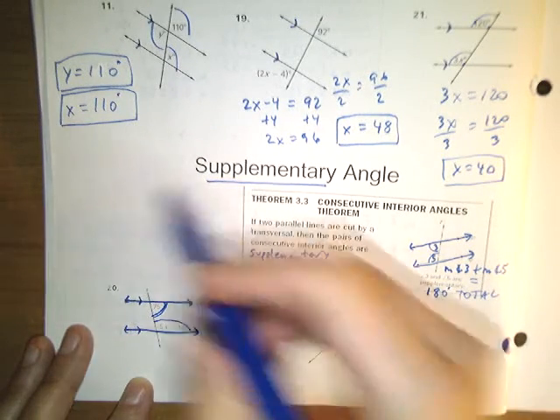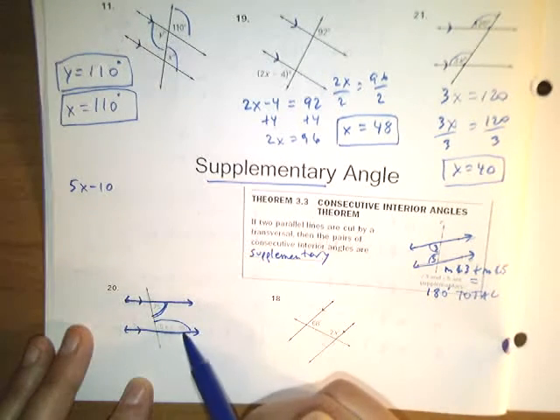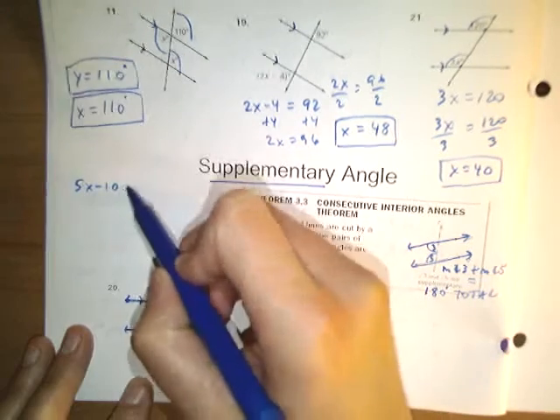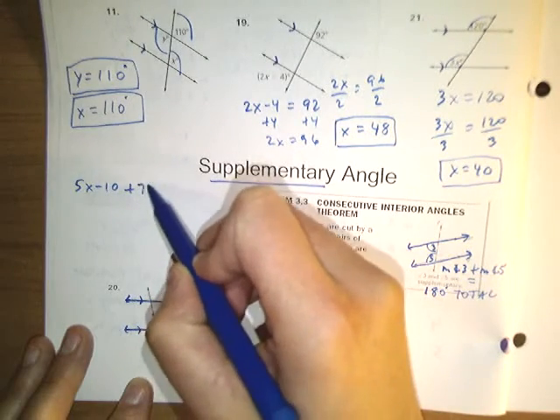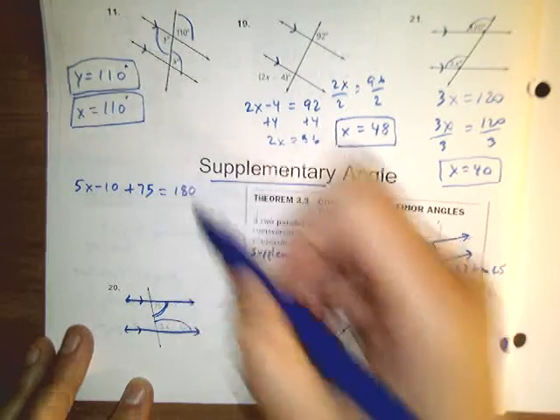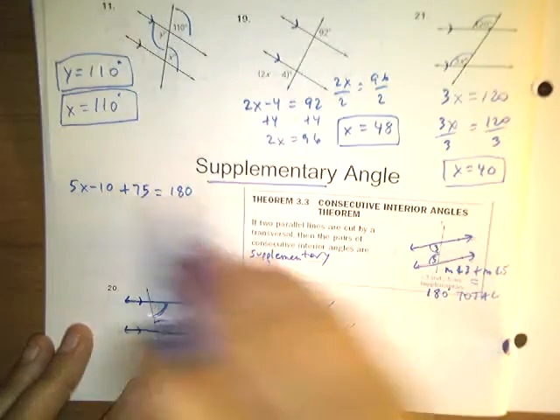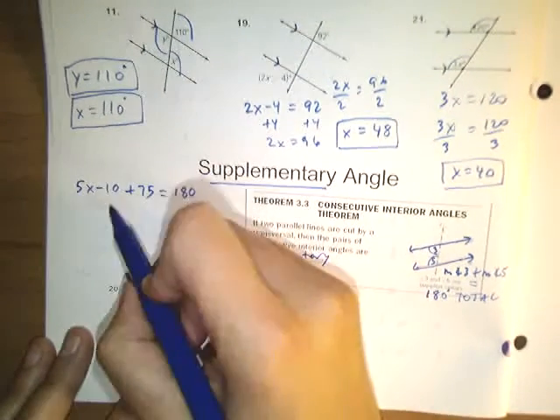What are they? Well, they're supplementary. That means that if I add one angle, that's 5x minus 10, and I add that to the other angle, which is 75, I should get a total of 180. That's different than a lot of these other theorems where we simply state that they're the same. Different type of relationship.